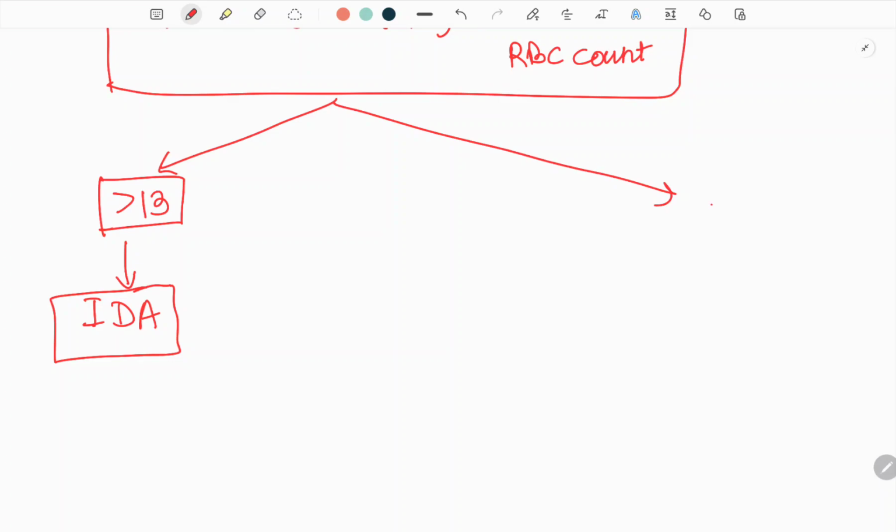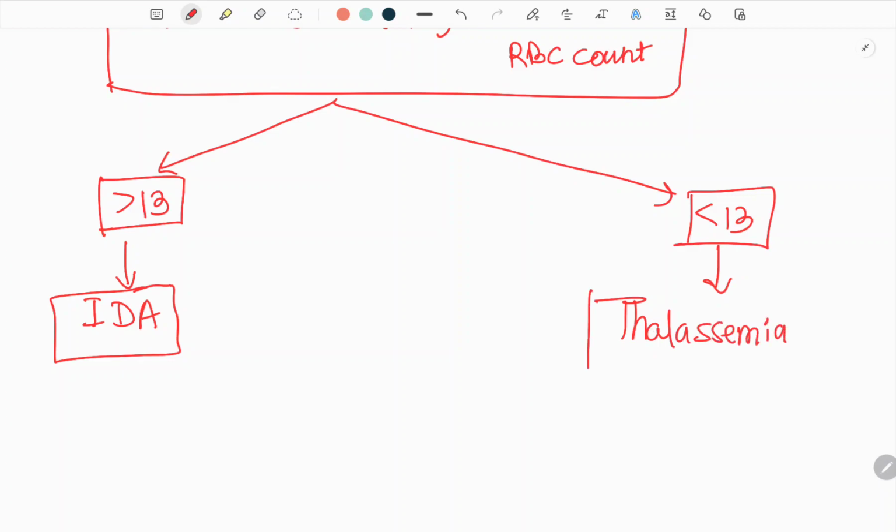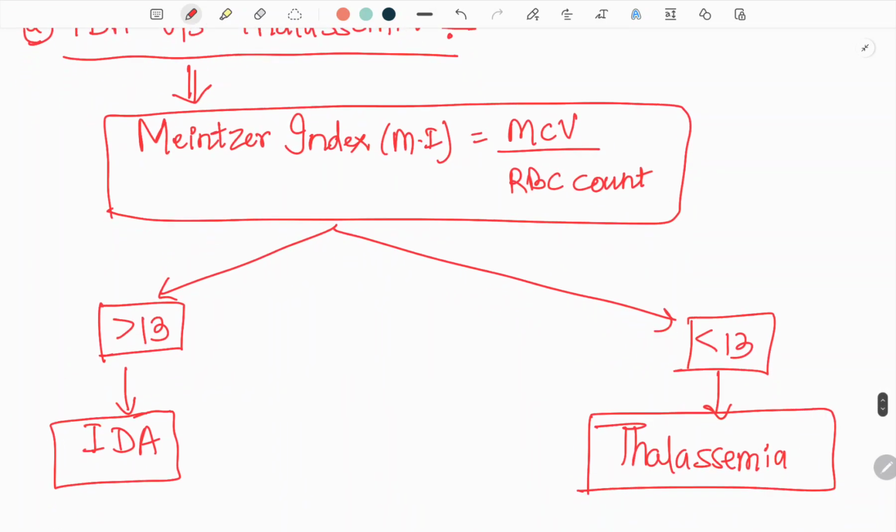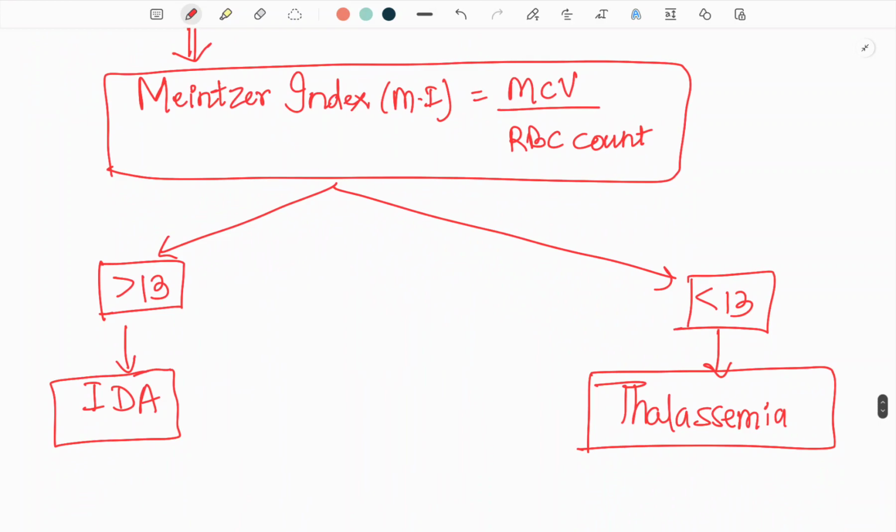And if it is less than 13, it is a case of thalassemia. This has been asked in many MCQ exams as well as in viva also. So Mentzer index, MCV by RBC count. If you are asked how we will differentiate between a case of iron deficiency anemia and thalassemia, which is very common in clinical practice also, we'll decide it by Mentzer index.